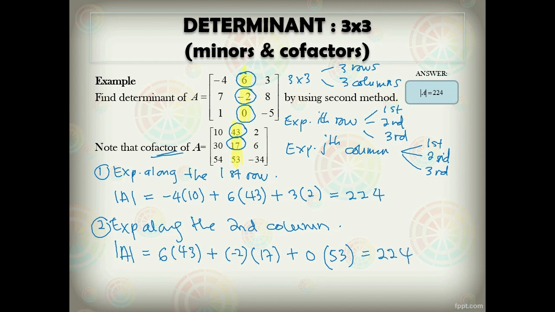So it doesn't matter whether you expand along a row or a column, the first, second, or third, you should get a similar answer if you find the correct cofactor for your matrix A.